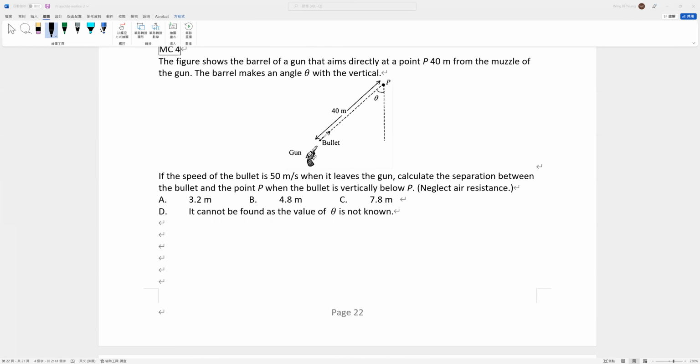Because it undergoes projectile motion, it will not hit the point P. I want you to find the separation between the bullet and the point P when the bullet is vertically below the point P. In other words, it wants you to find the displacement of the monkey, is it?